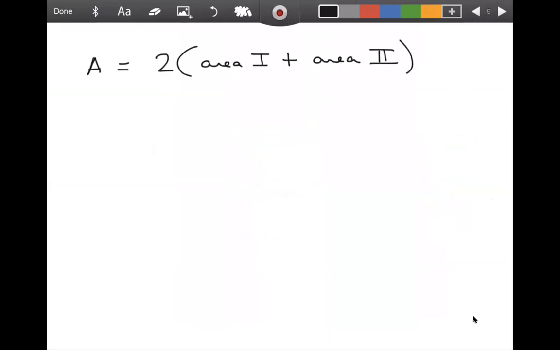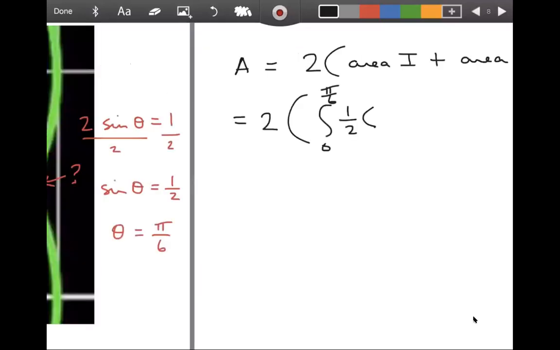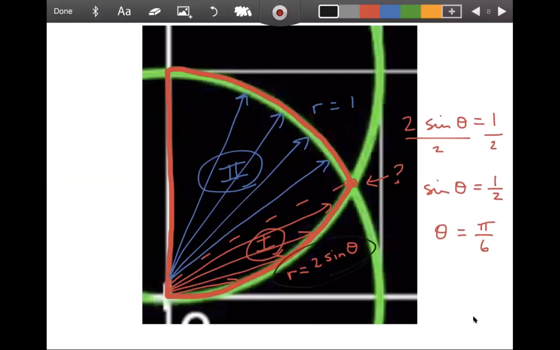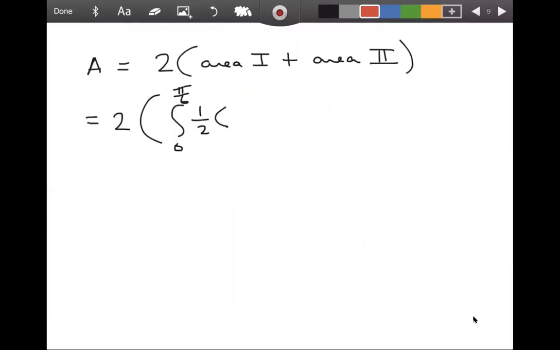All right, so what I'm saying to you is that area 1 is the integral from 0 to pi over 6 of 1/2 times, remember this curve was, oops, can't really see that, can you? R equals 2 sine theta. So that's what I'm going to fill in for R. So that's going to go here, 2 sine theta squared.